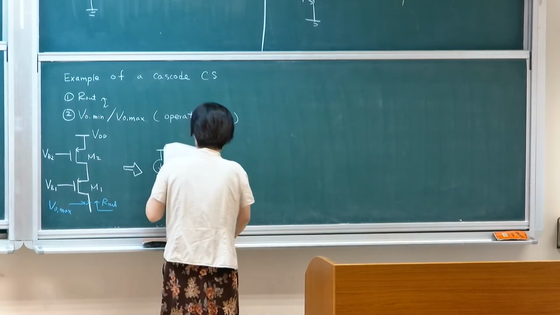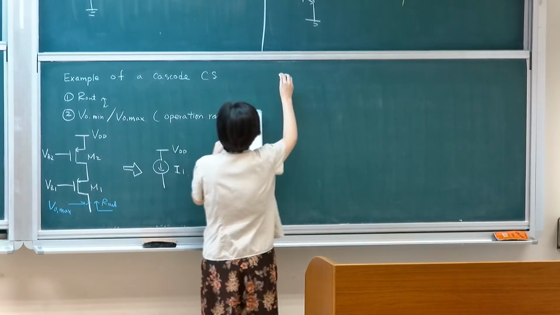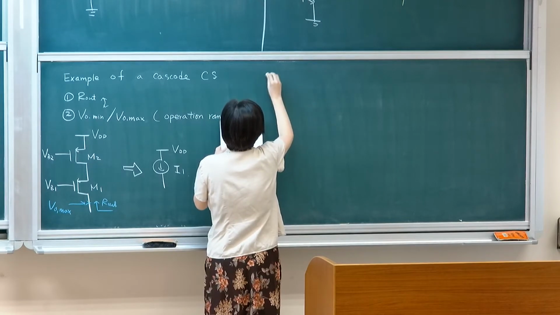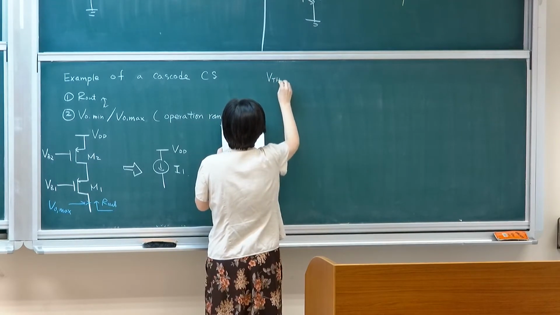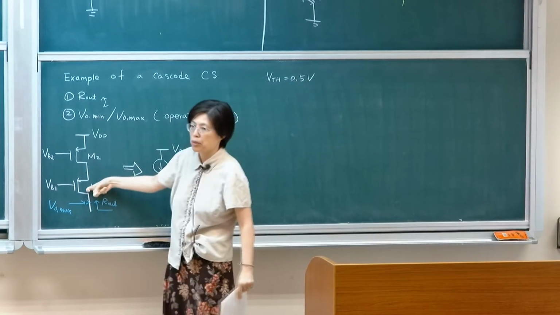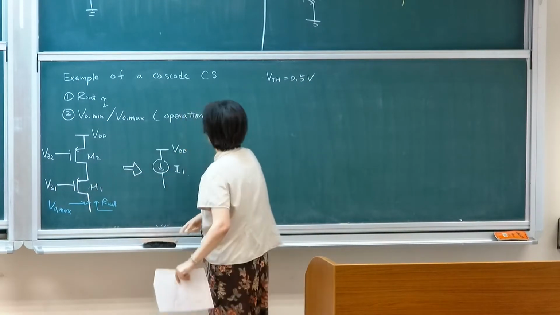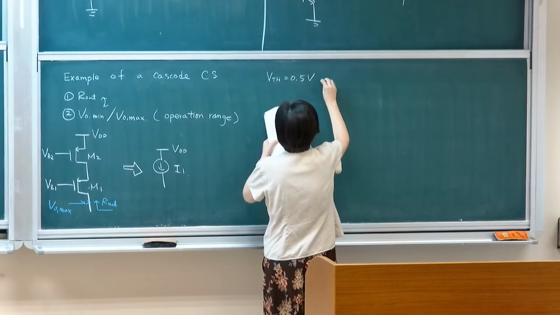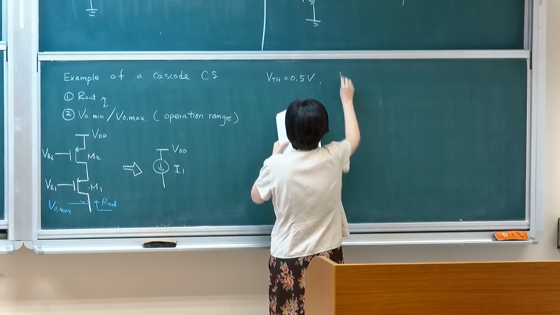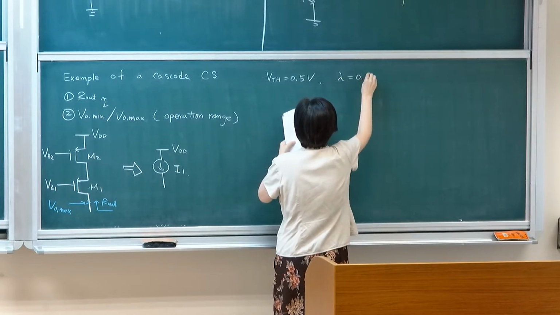So example, let me give the parameters. Let's say threshold. We're going to ignore body effect here, because this one actually is subject to body effect as well. And lambda equals 0.1 volts.